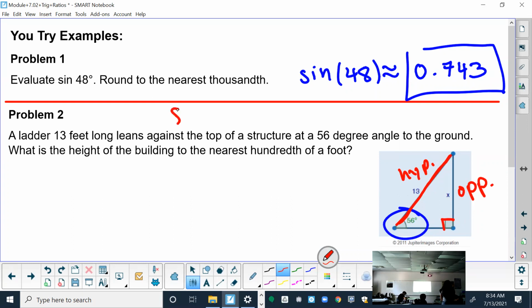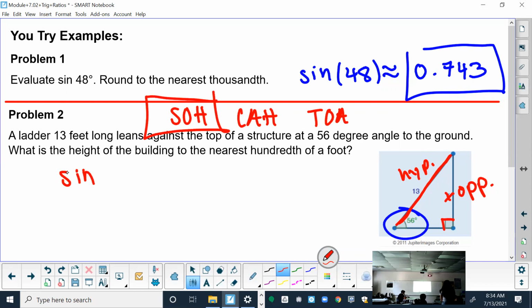Then when you look at your trig functions for which one you are going to use to solve for that missing piece, this x right here, we have opposite and hypotenuse. The only one that has both is this one. So we're going to use this trig definition of sine x degrees equaling opposite over hypotenuse.